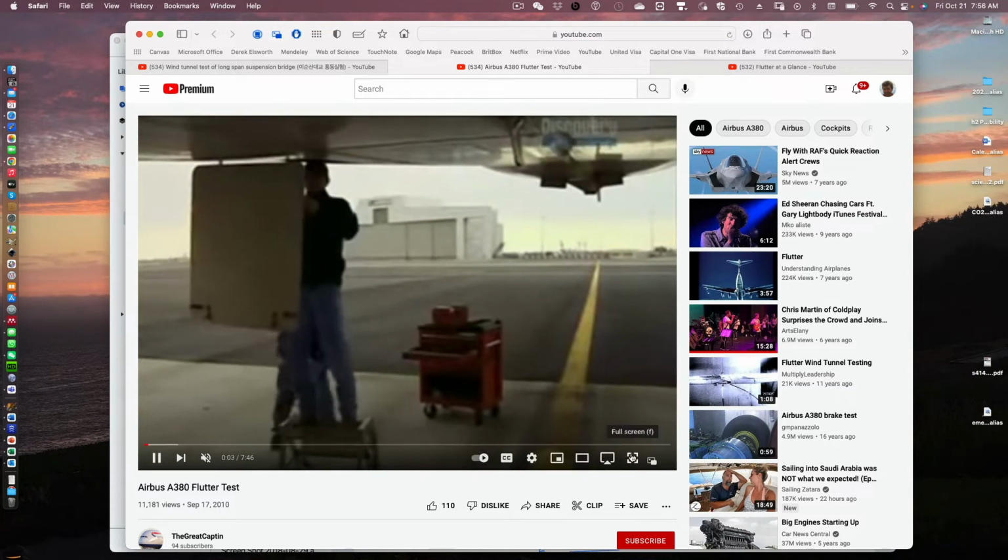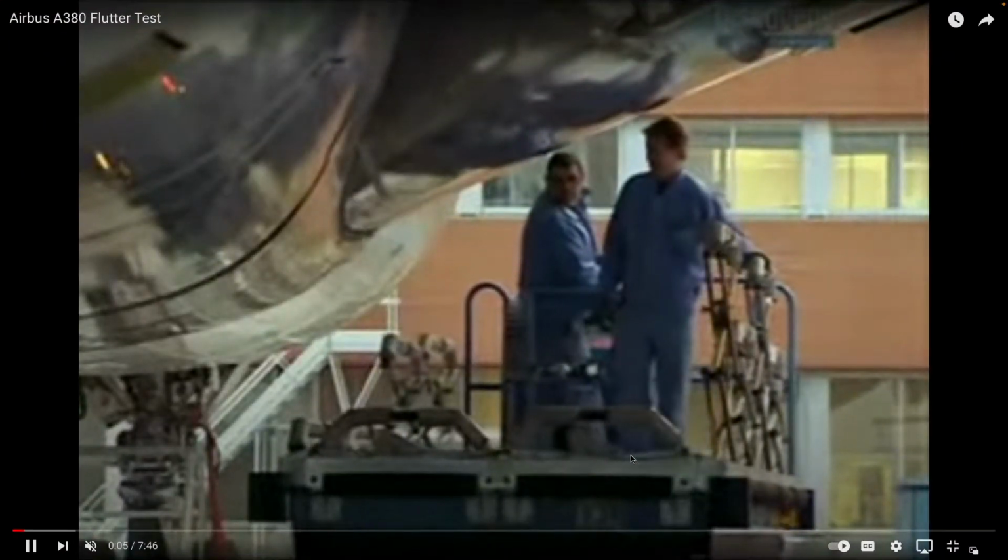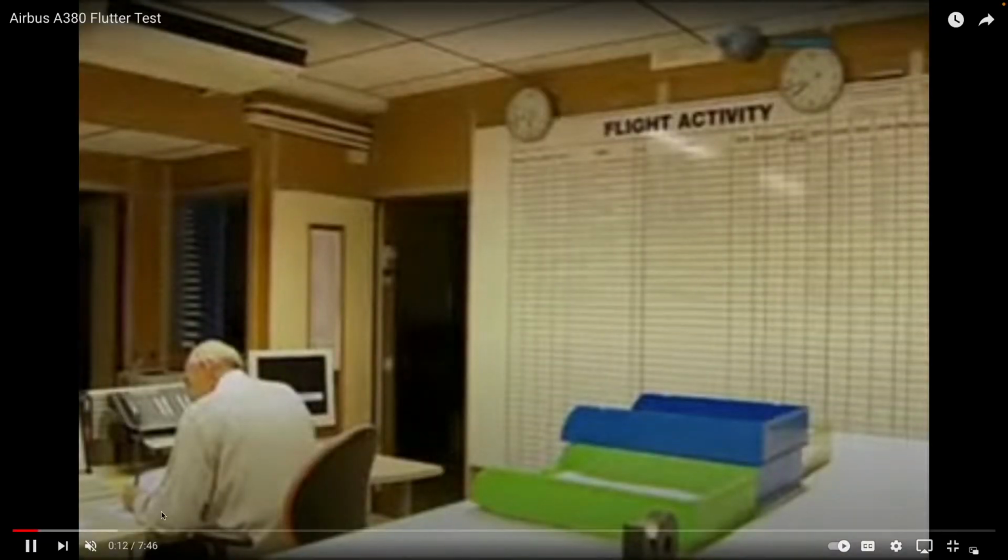The same kind of thing goes when you're talking about other aeroelastic structures, and a classic aeroelastic structure would be a plane. I don't know what this is about the Airbus, I think.